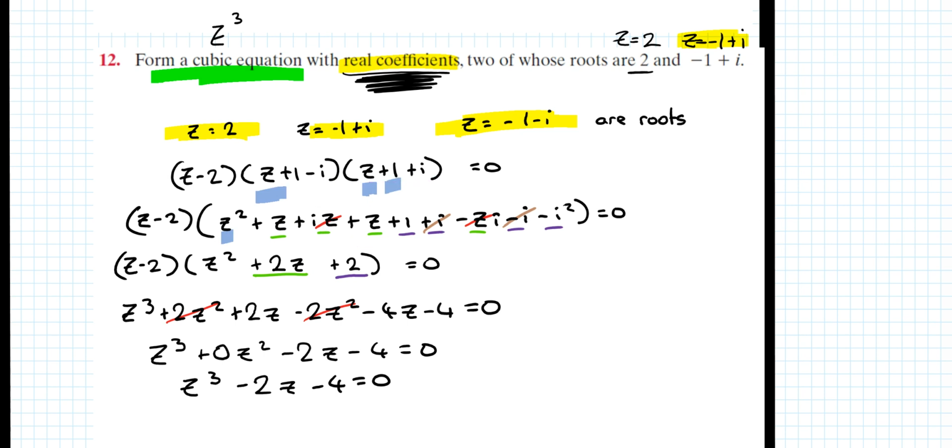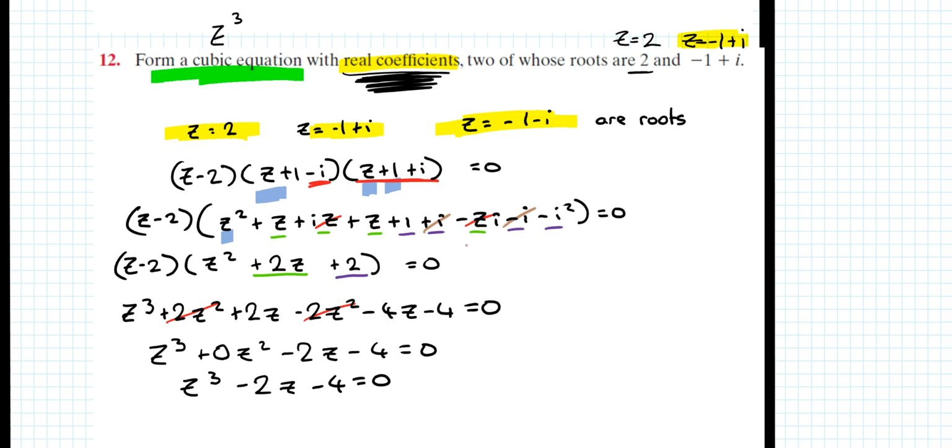And minus i by the bracket here, you'd get minus zi. Minus i by 1 is minus i. Minus by plus is minus. i by i is i squared.